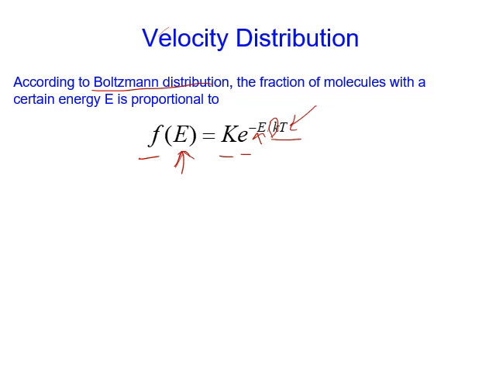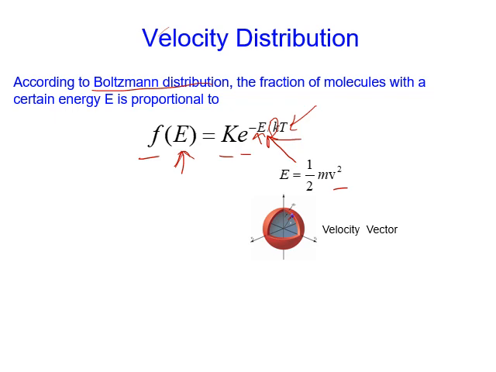Now, if we want to find the velocity distribution, we know the energy is related to velocity by one half m v squared. So we just plug in the energy here. Also we need to take care of all directions, because the molecules go in all directions.